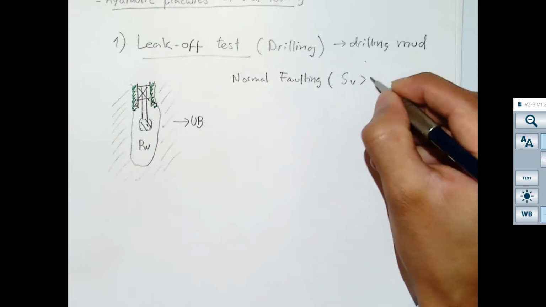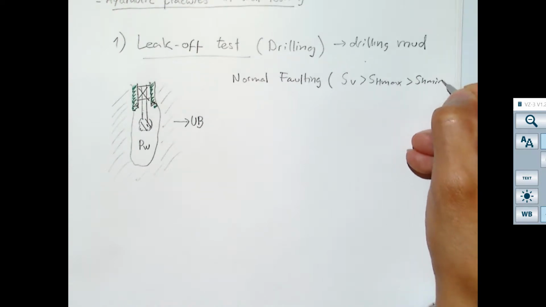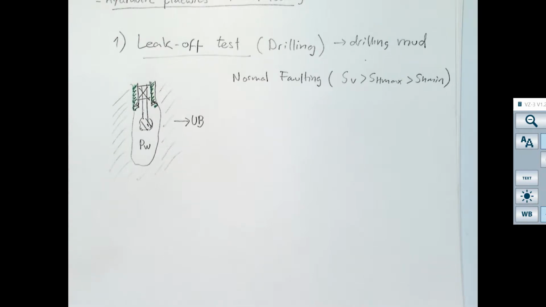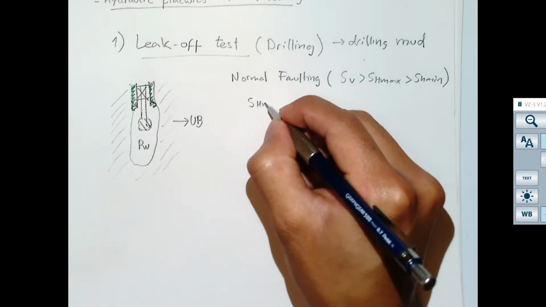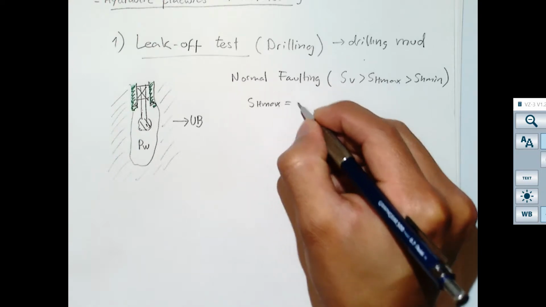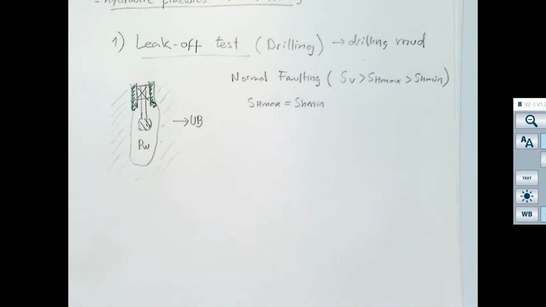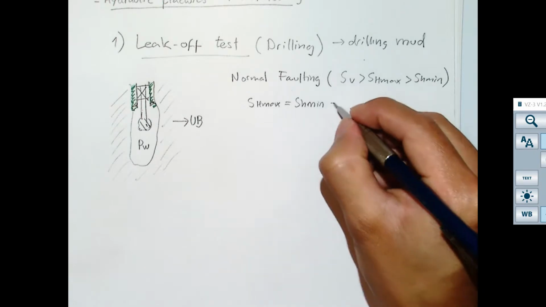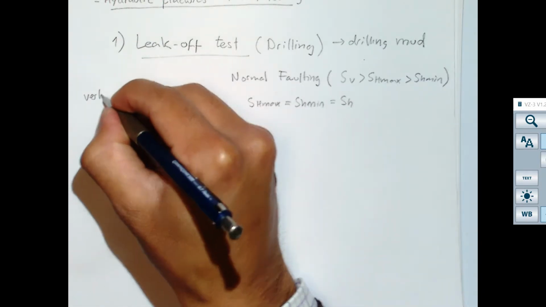So we know this is true. And I'm going to assume something else, which is going to make it a little bit easier what I'm going to plot next. I'm going to assume that there is very little stress anisotropy in the horizontal plane, and also that I'm dealing with a vertical wellbore.